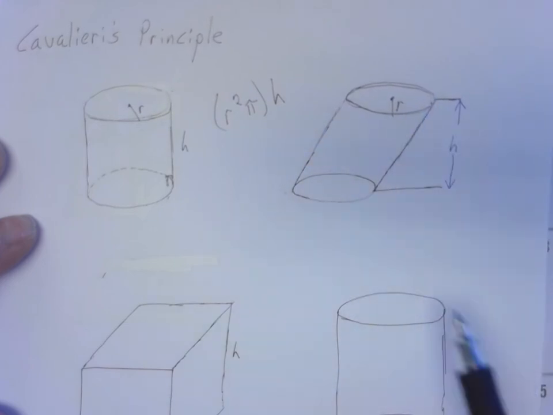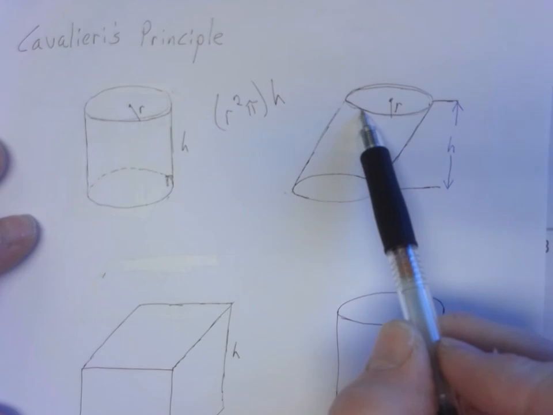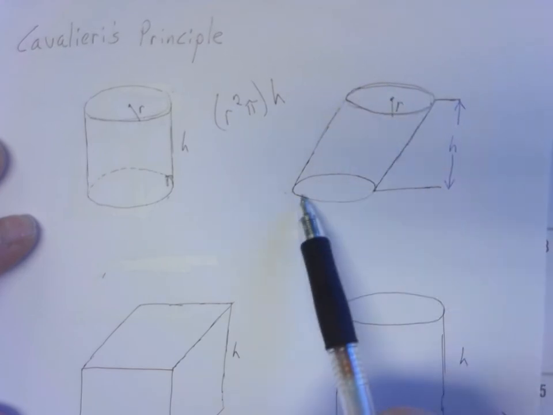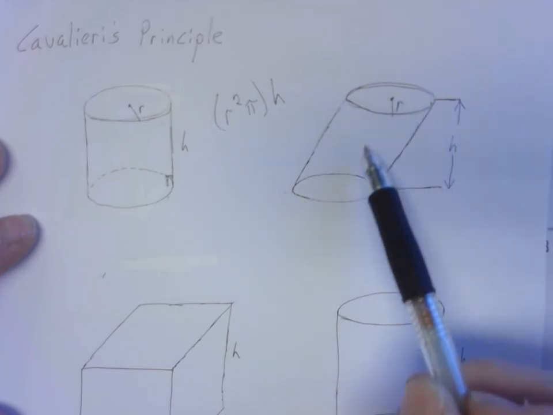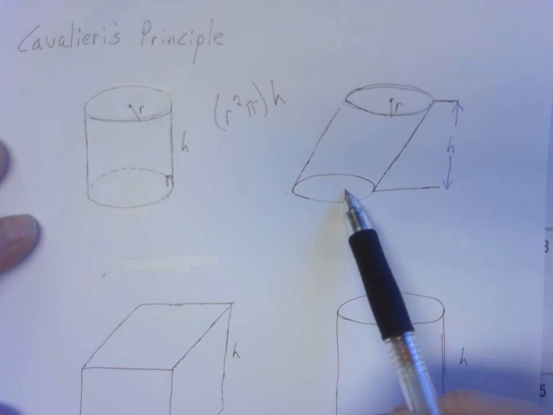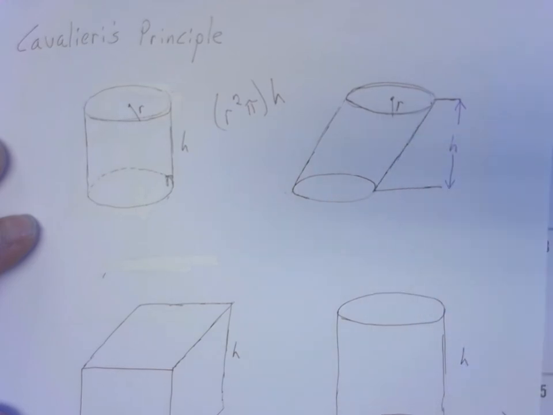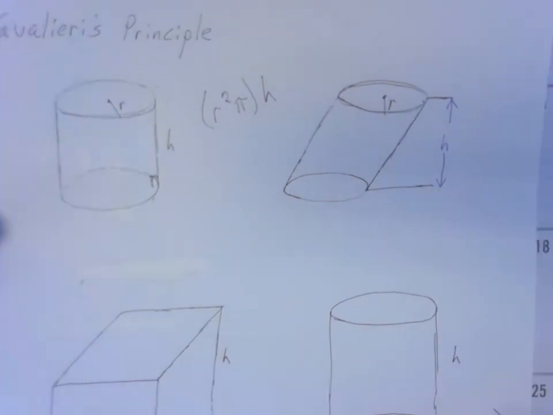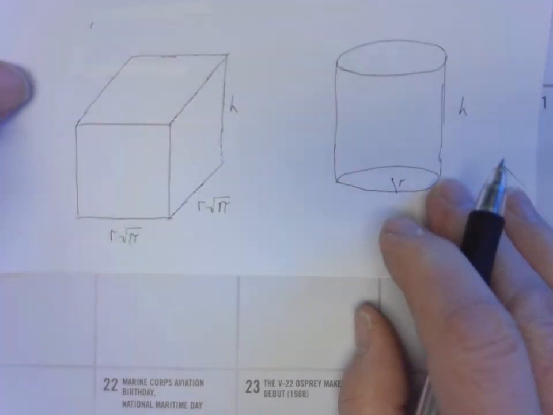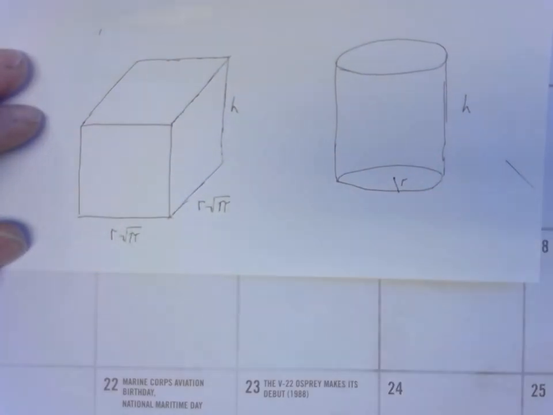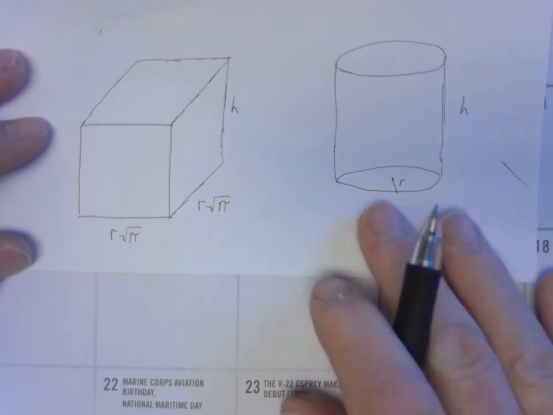You'll notice that the bases are congruent shapes here, and they're parallel to one another, so we can find the volume by area of the base times the height. And even in a case like this, these two shapes are going to have the same volume.